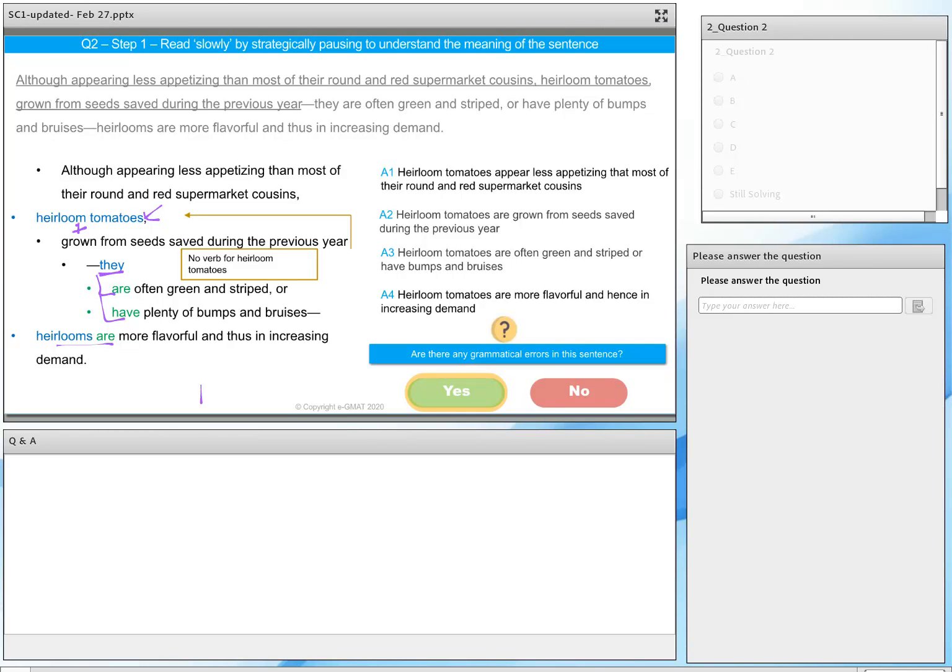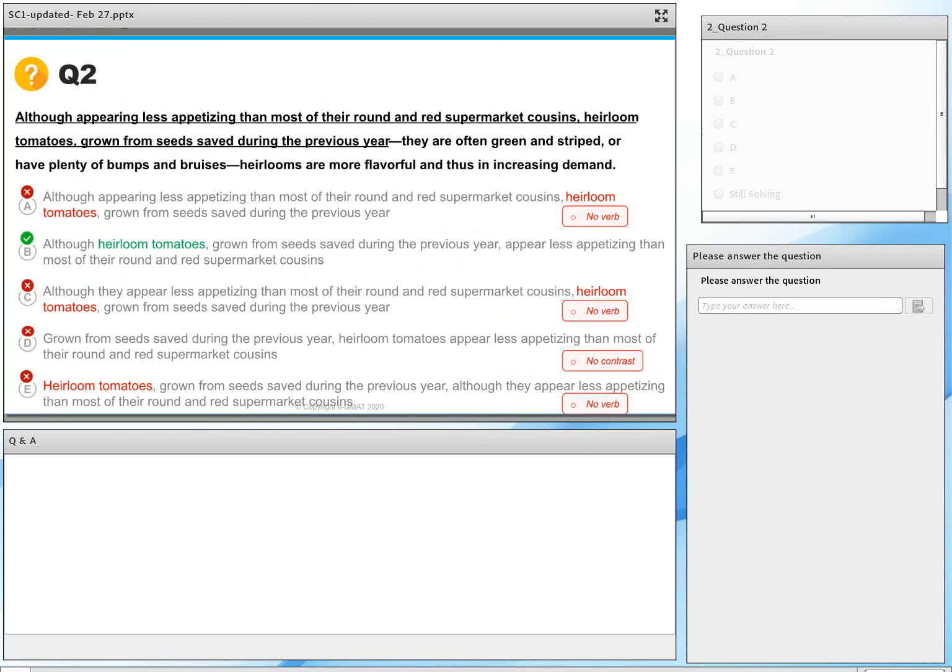So the subject, heirloom tomatoes, right up here, does not have a verb because we have this subject verb grouping right here, hence this subject up here does not have a verb associated with it. No pronoun errors, all our pronouns are accounted for, okay? So let's move on and look at our answer choices.